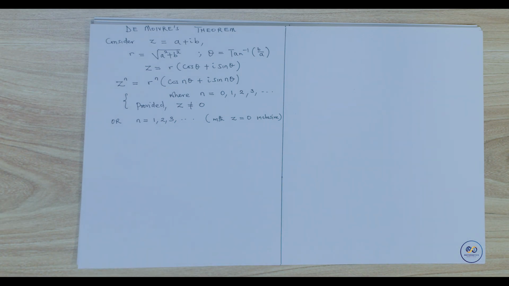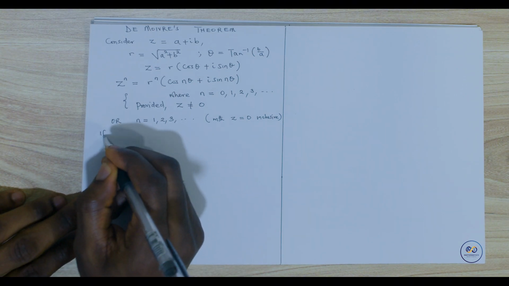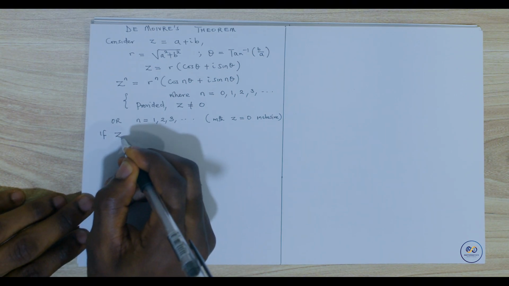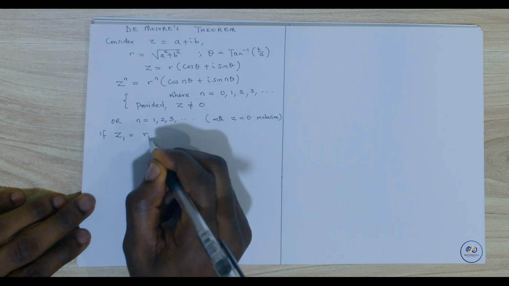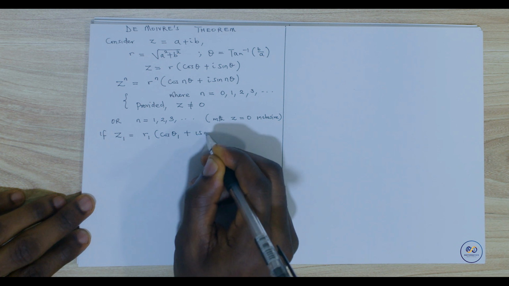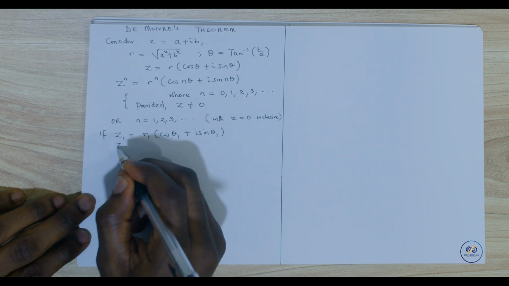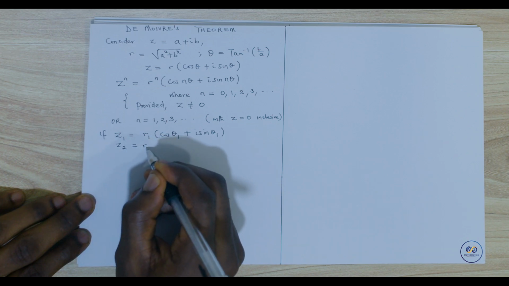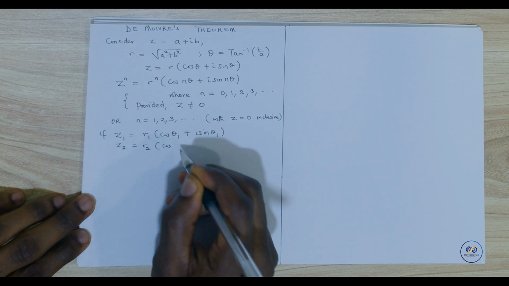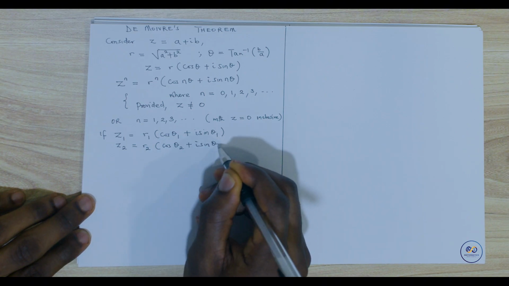But when we discuss the multiplication in terms of the polar form, what exactly would it look like? This time around, we'll see that if we have z1 equal to r1 cos theta 1 plus i sine theta 1, and then of course we have z2 equal to r2 cos theta 2 plus i sine theta 2.